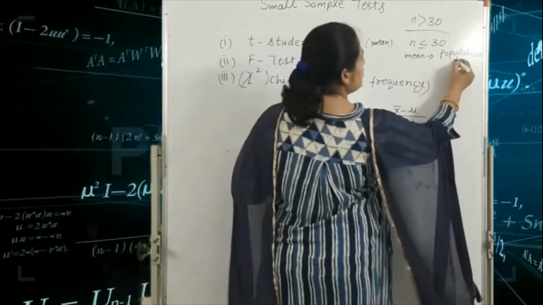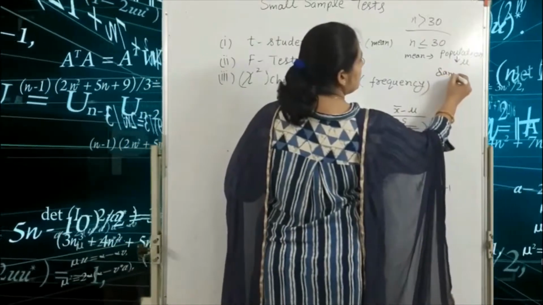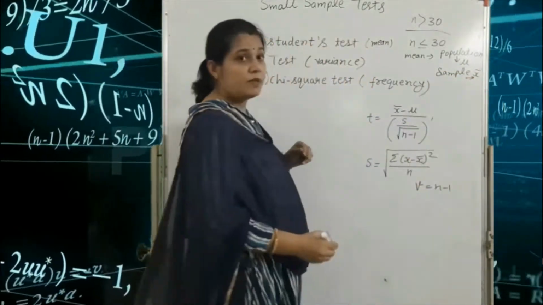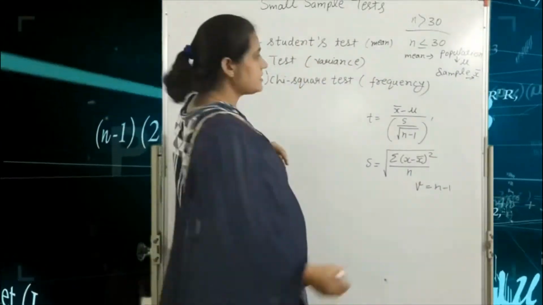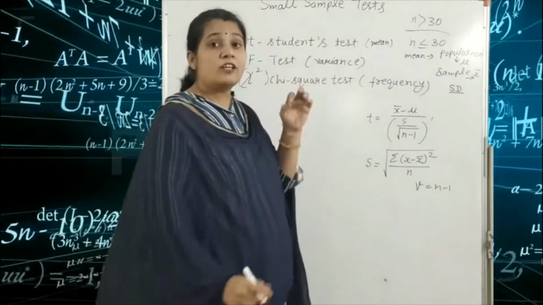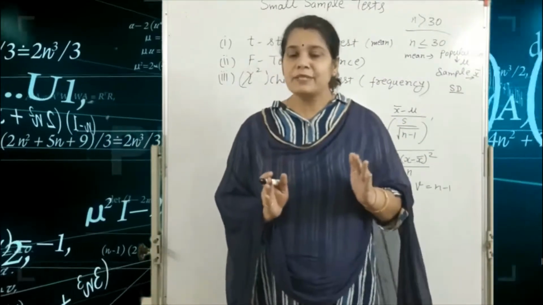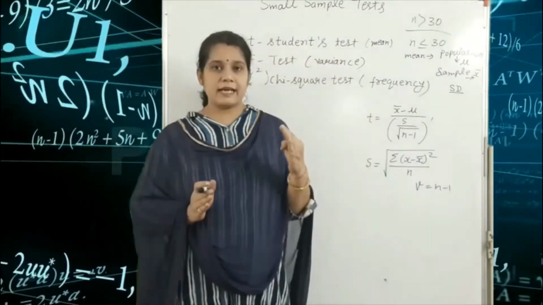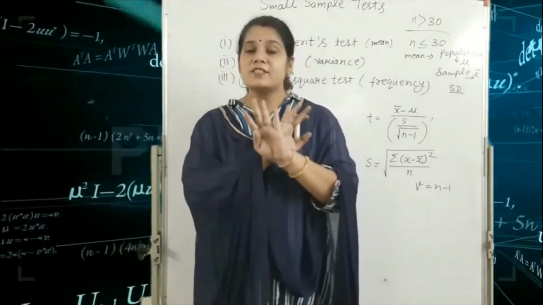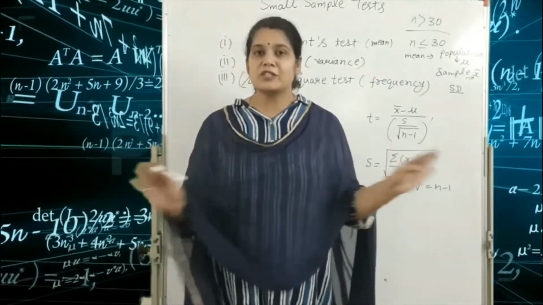In the sample form we write x bar. But in the T student test, the standard deviation is given only in sample form. That means the population standard deviation is not known.